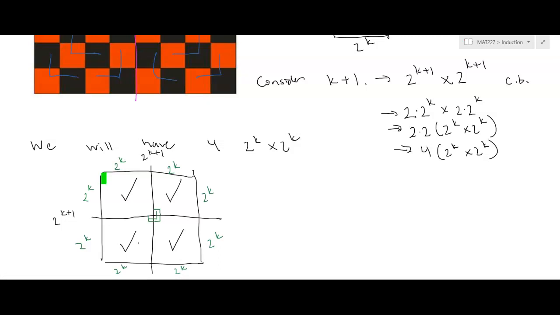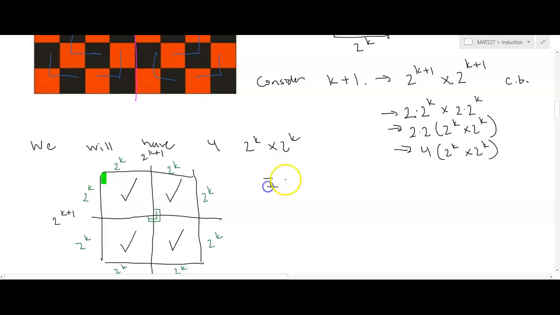So what have we done here? We have shown that if it's possible for some arbitrary case for that checkerboard to be tiled, then it is also possible for the next size up to be tiled.